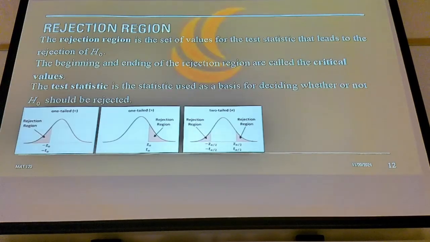Now for the actual process. Starting, as I said, we do hypothesis tests for population mean and population proportion. They're not the only hypothesis tests, though. Remember when we did regression? We did the regression line. We found the correlation coefficient R. That is actually a hypothesis test.